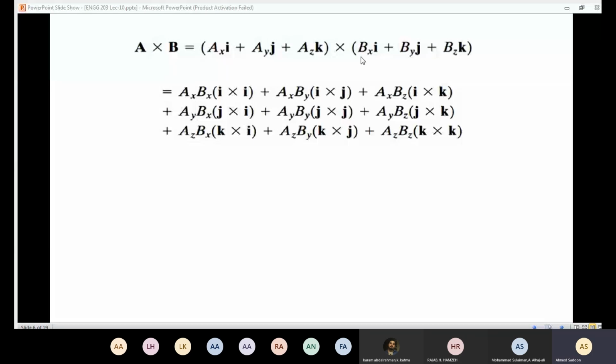We are going to get BXi, the component in X, plus BYj, the component in Y, plus BZk. Here, BZ is the component of the vector B in the Z direction.